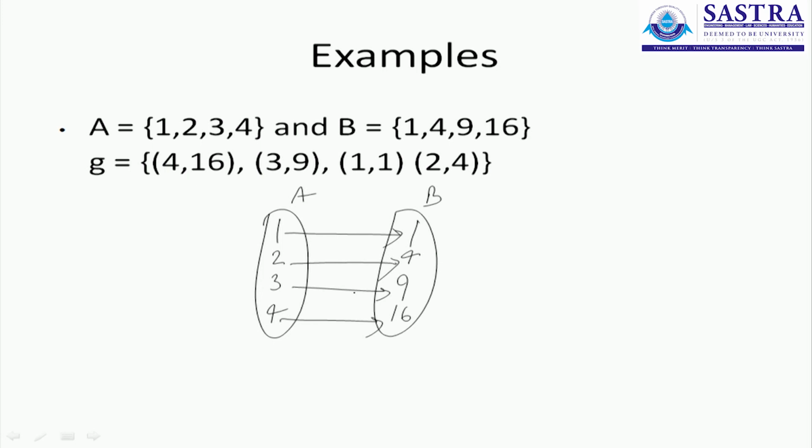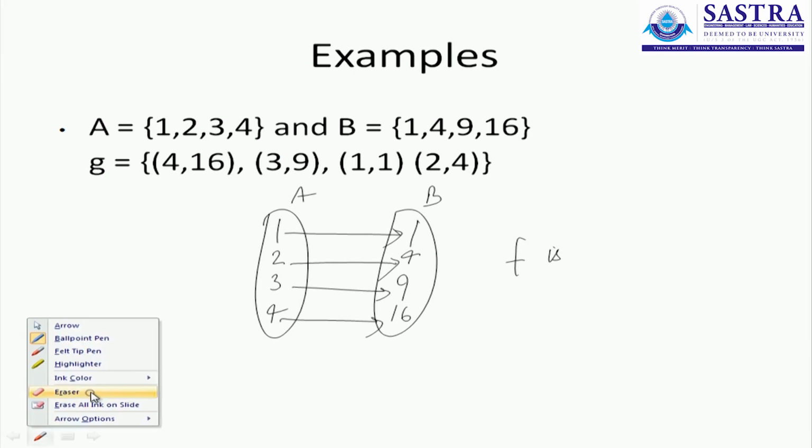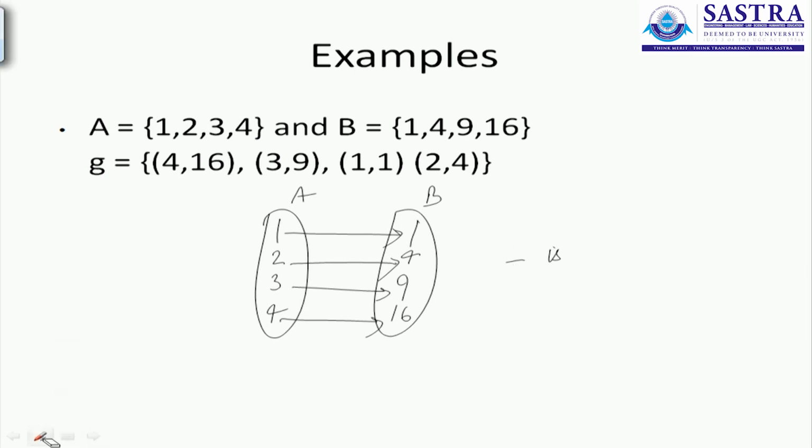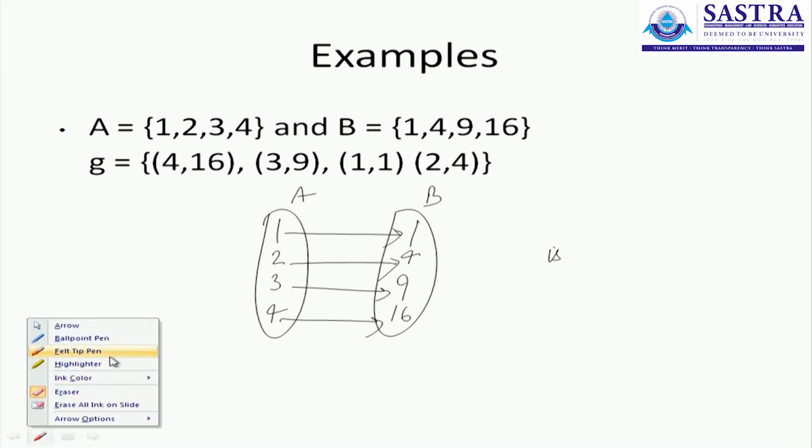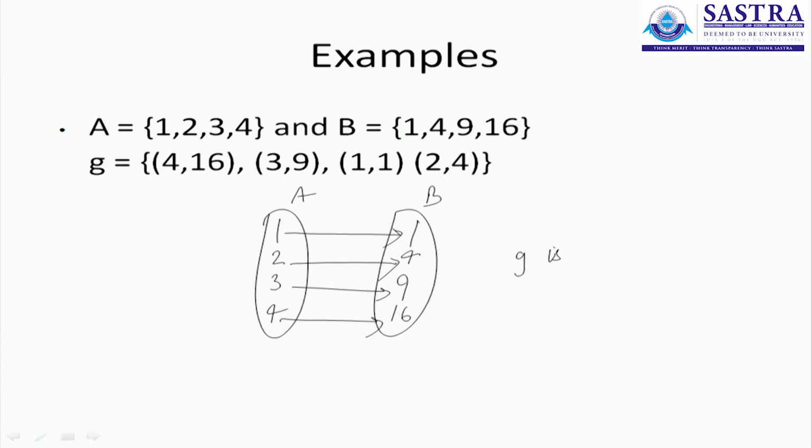Every element has an image. 1 goes to 1, 2 goes to 4, 3 goes to 9, 4 goes to 16, and they go to only one element, not more than one. So perfectly, this is in fact, we call it G here. So this is actually a function. G is a function. There is no dispute about that.